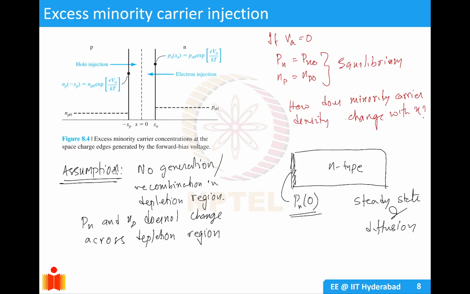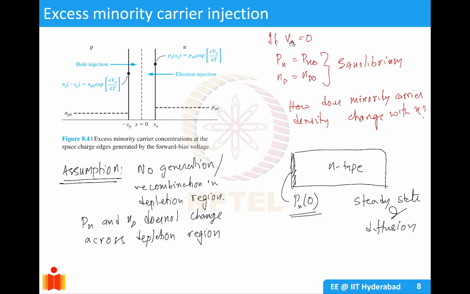We have made some assumptions here. There are no generation and recombination in the depletion region, and the values for pn and np are not changing across the depletion region.